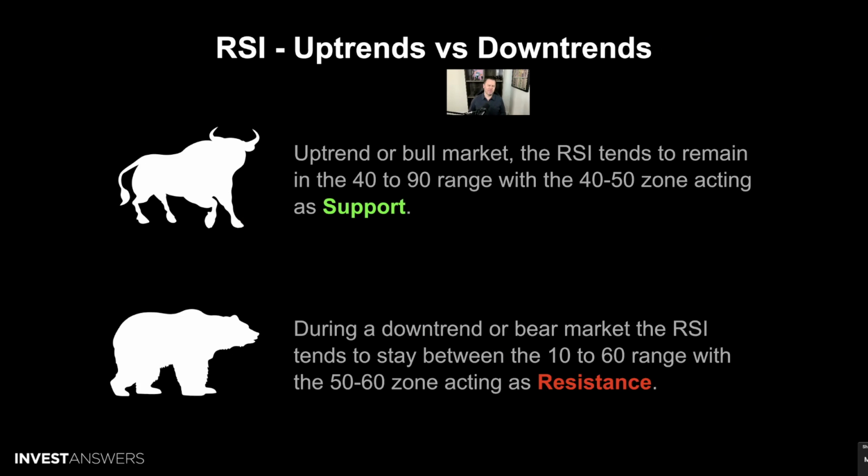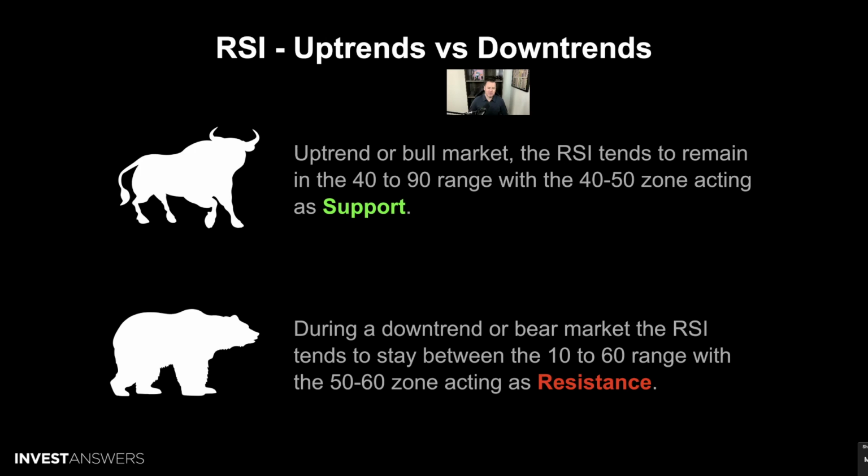Now, the other thing to bear in mind as well, RSI can help identify uptrends versus downtrends. Now, the simple rule of thumb, again, there are always exceptions to every rule, but more or less, this works pretty well. You can actually use RSI to identify an uptrend in a stock better than by looking at the actual chart.